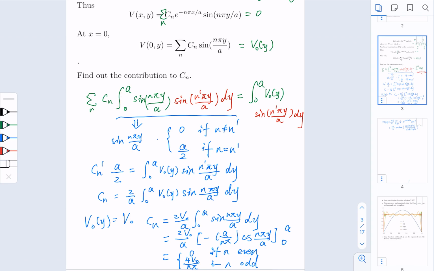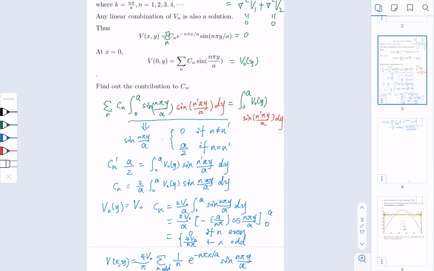You can think of this as projecting the original v of y onto this sine n pi y basis. That is my understanding. Said another way, we are trying to express v of y in terms of all these sine n pi y over a, and this Cn is really the overlap between v of y and all the basis functions.